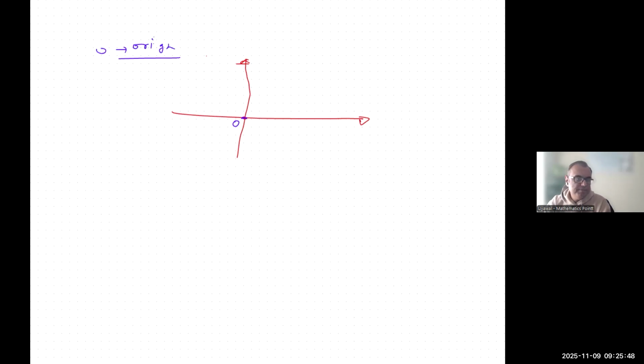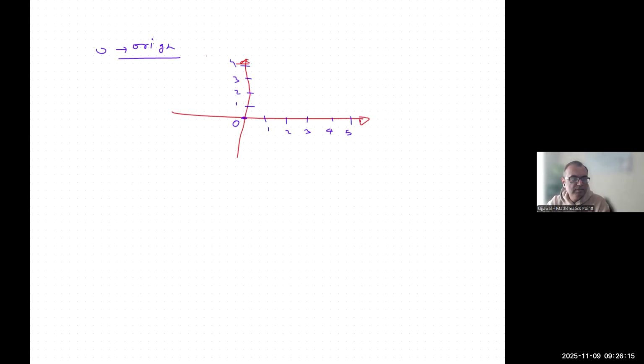Now I scale it sequentially. So this will be 1, 2, 3, 4, 5, and I can go on and on, up till infinity. Similarly, I scale the y 1, 2, 3, 4, and so on.